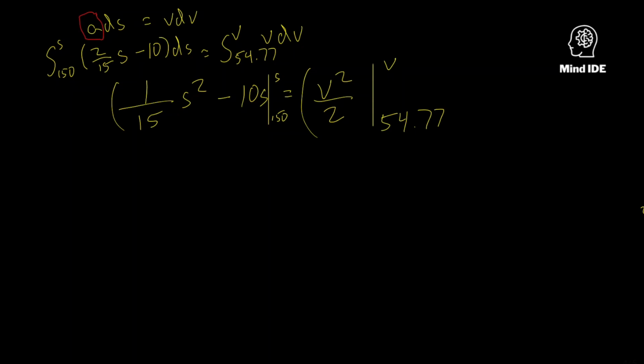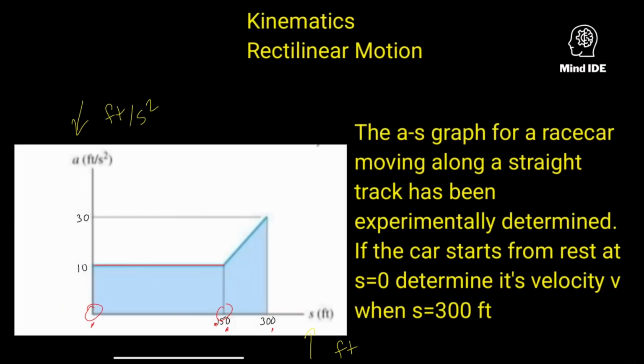All right, so from here, we would just solve. We know what we're solving for. We don't know the value of v, but we do know the value of s, and s would be 300, right? Because we're going to 300 feet here.